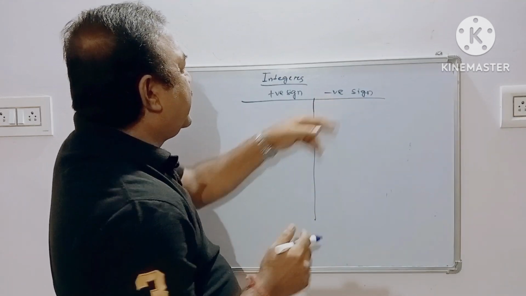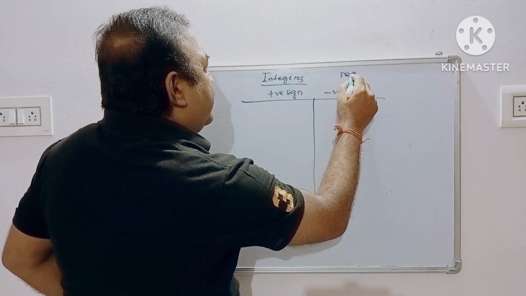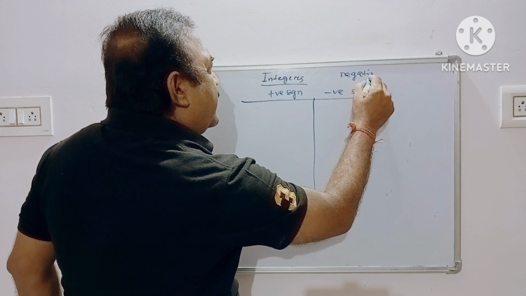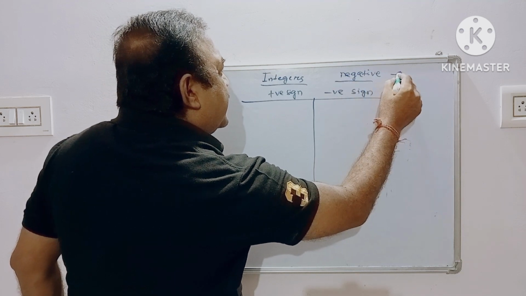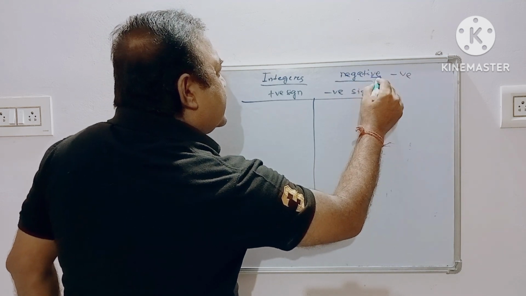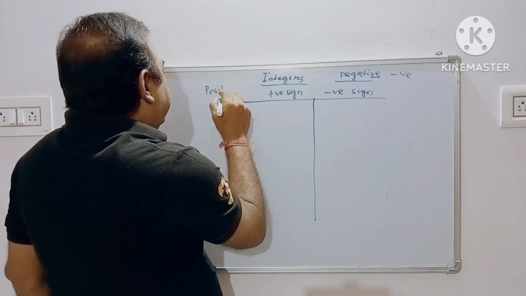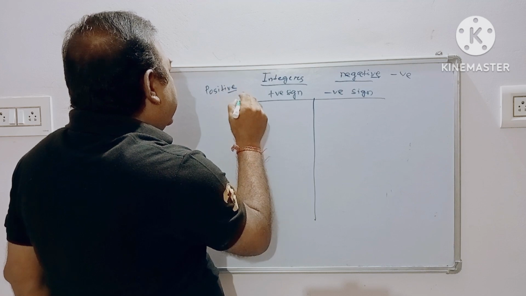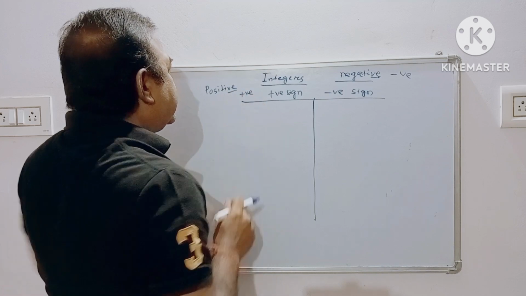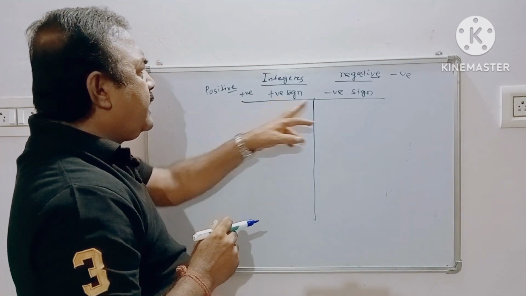You may write negative, in short, just the last two letters. Like this, positive, you may write also in short form. Okay. So positive sign and negative sign.